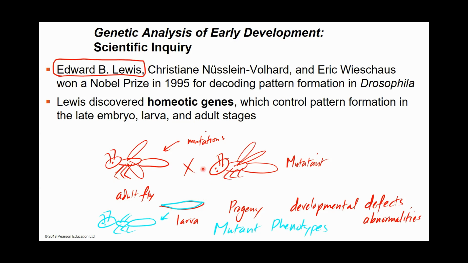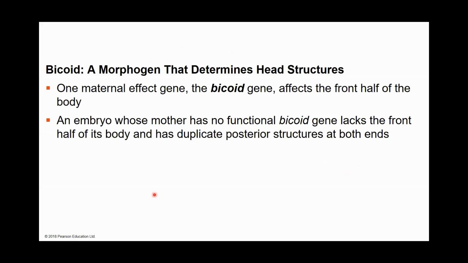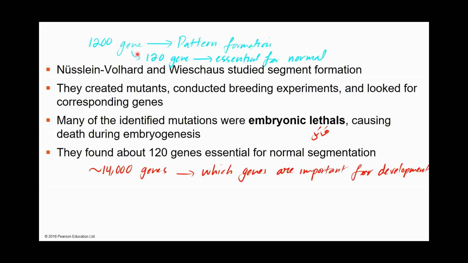The embryo will die and will not proceed to develop into a larva, then into an adult. If a mutation hits an essential gene, it might destroy completely the function of that gene, and if that gene is essential for development, the embryo will not be able to develop.